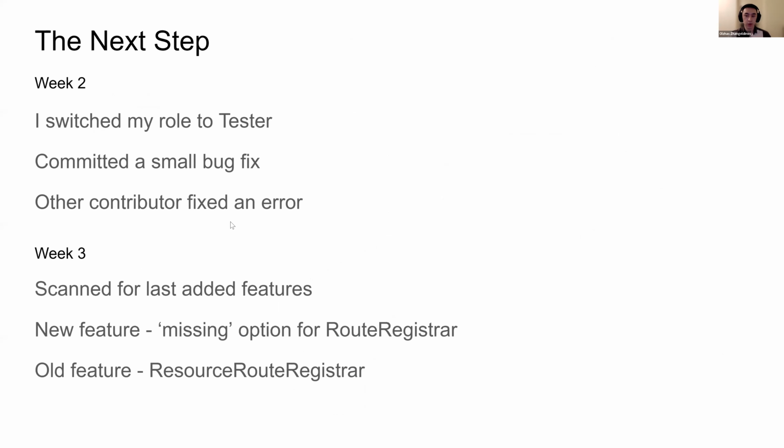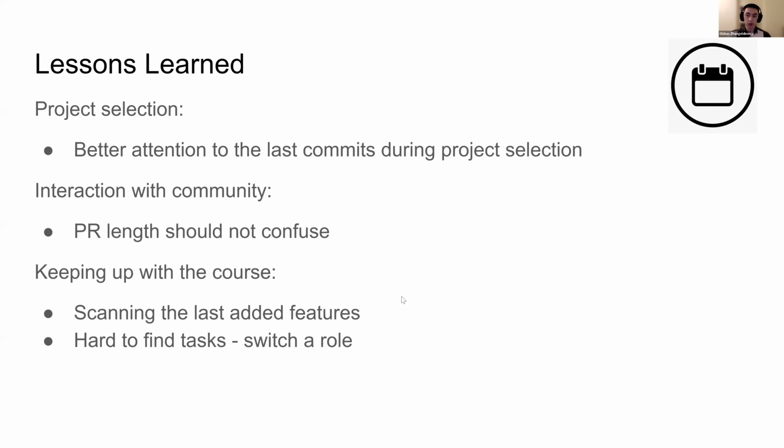So it was not a mistake. The feature was merged by the maintainer later, and I think this was my success, because I found work to do, and I found a feature that was merged.